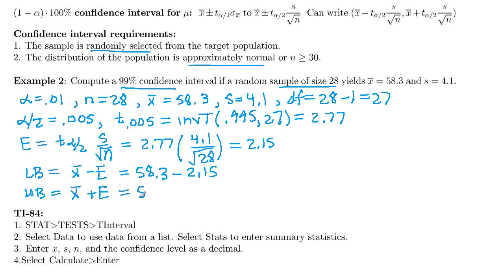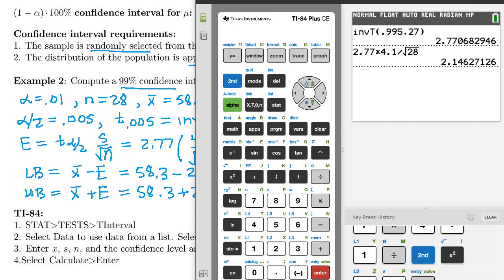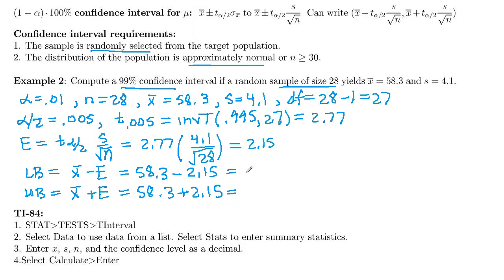So that's going to be our 58.3 plus 2.15. So let's compute those on the calculator. 58.3 minus 2.15, 56.15. And then 58.3 plus 2.15 would be 60.45.